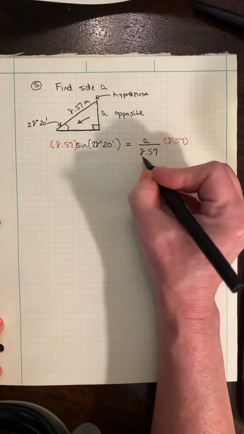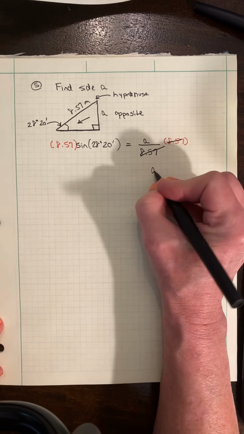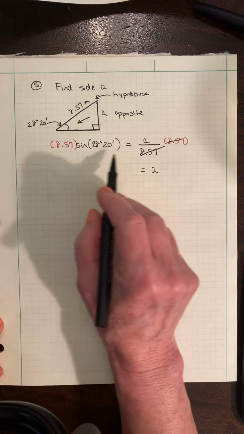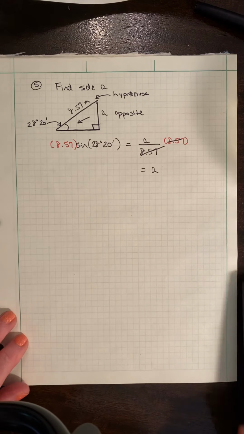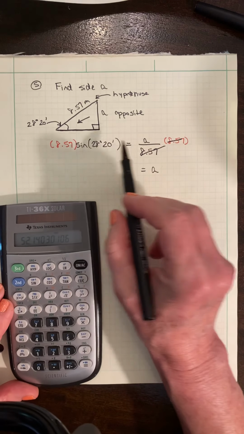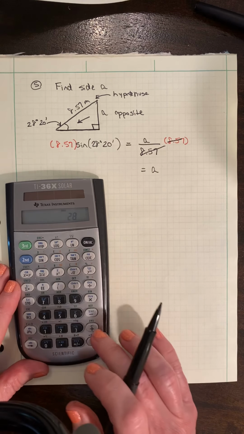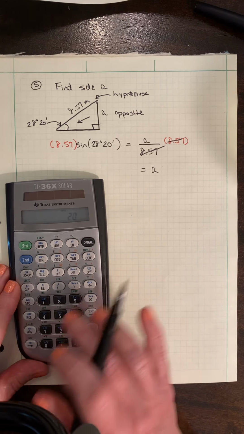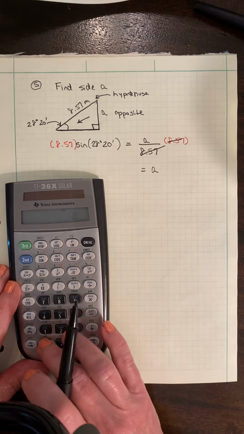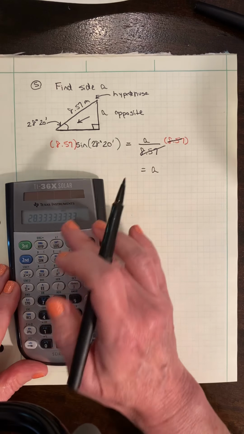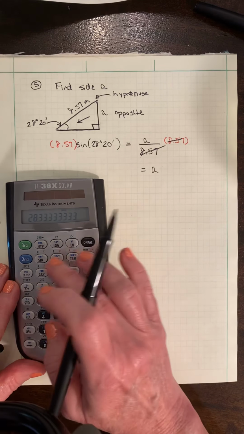And this will cancel. So to get A, I'll be plugging that in the calculator. We're going to do this first. And remember what we do when we have degrees and minutes. We need to put parentheses 28 degrees plus 20 divided by 60, because there's 60 minutes in a degree. That's the decimal. Then we hit our sine.